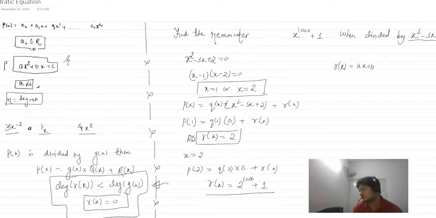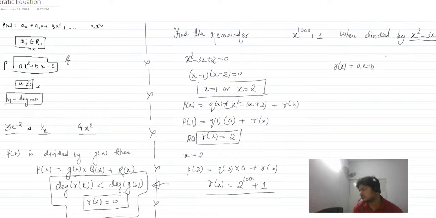Now let's solve this. Subtracting the first from the second, A equals 2 to the power 1000 plus 1 minus 2, which we can write as 2 to the power 1000 minus 1. So the value of A is like this. Got it? And the value of B you can write as 2 minus (2 to the power 1000 minus 1), which is 3 minus 2 to the power 1000.